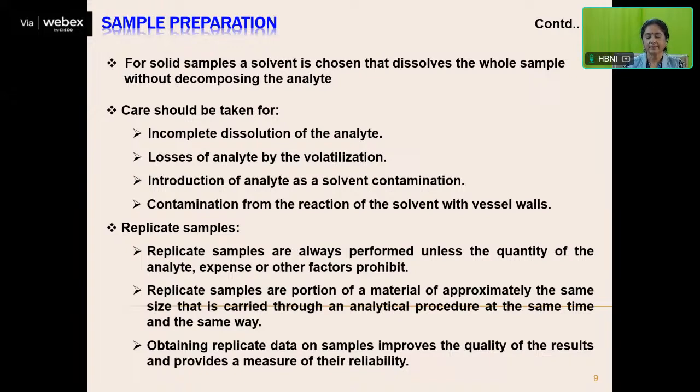Obtaining replicate data on samples improves the quality of the results and provides a measure of the reliability. So therefore, replicate samples are very much needed when you are doing an analysis.